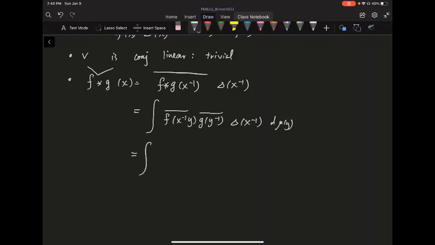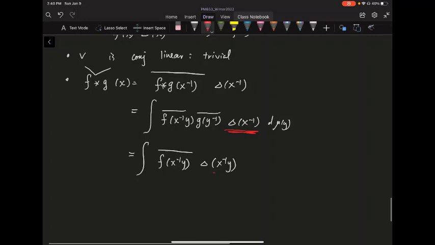First, let's do f of x inverse y. If I want the involution of f, I need the delta of x inverse y, so let's put a delta of x inverse y here. Because I only have a delta of x inverse, there's an extra copy of y. So I need a delta of y inverse somewhere, and then I have the conjugate of g of y inverse.